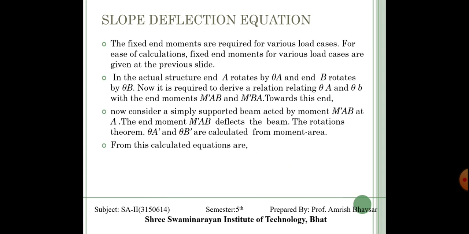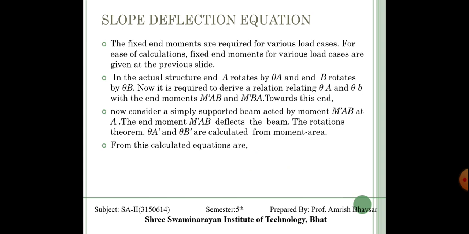Now, what is the slope deflection equation and how can we get it? The fixed end moments are required for various load cases. For ease of calculation, the fixed end moments for various load cases are given on the previous slide.